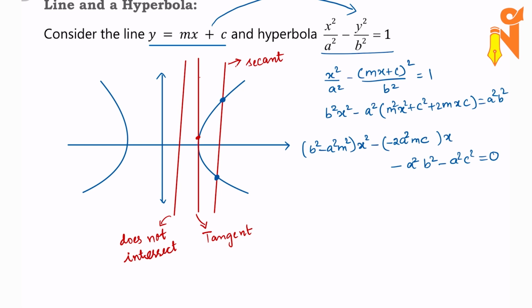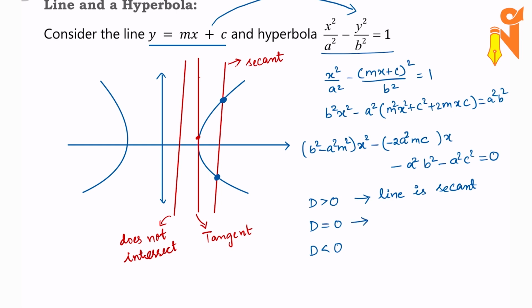Since it is a quadratic equation, there will be three possibilities: discriminant greater than 0, discriminant equal to 0, and discriminant less than 0. When discriminant is greater than 0, you will get two distinct roots, that is basically two distinct points geometrically. So the line is a secant.